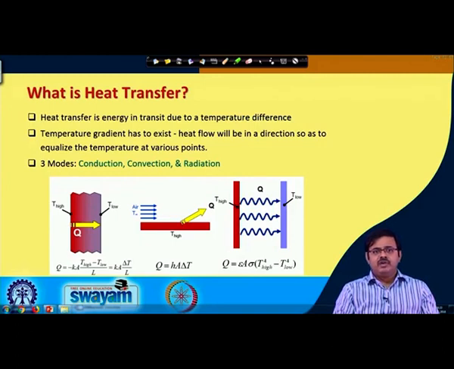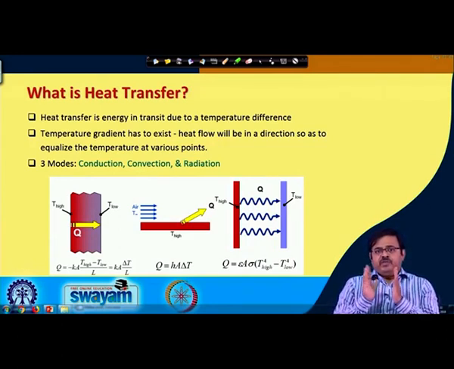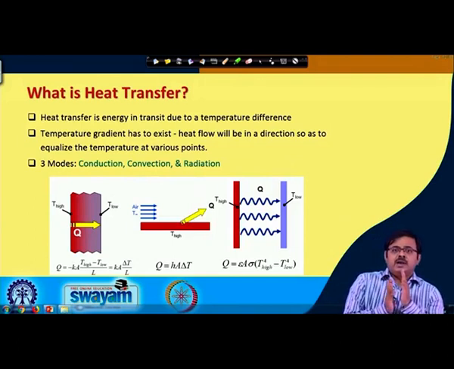Then the third mode of heat transfer is called radiation. Now, what is radiation? It is electromagnetic waves that are generated by any surface which is at a temperature above absolute 0.